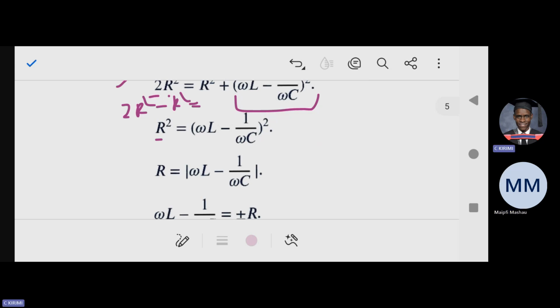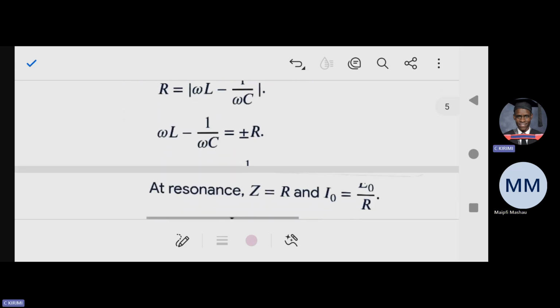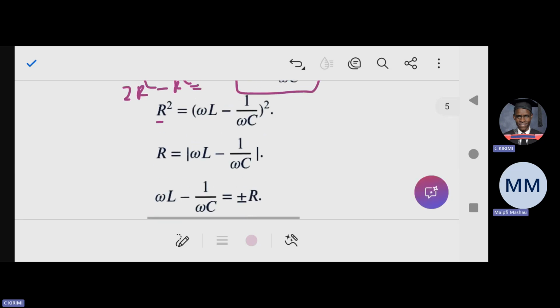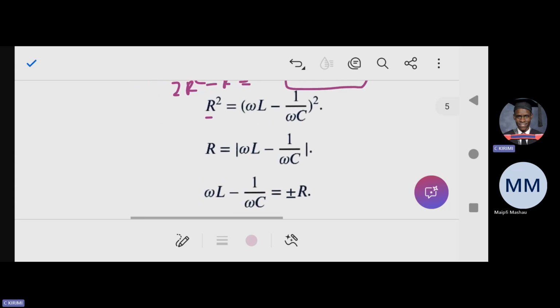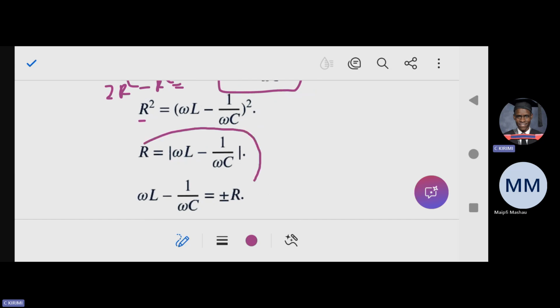It can never be 0. If we show the absolute value, it means the answer will never be 0. For example, after we are done, we get our R, and they just put it on the right-hand side.